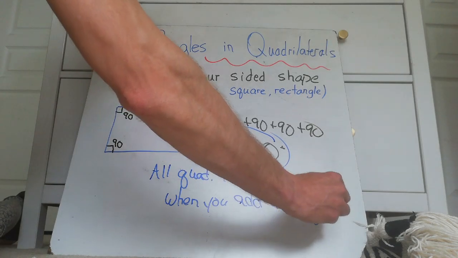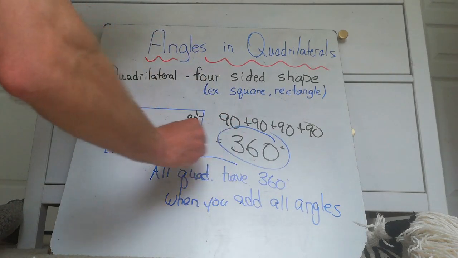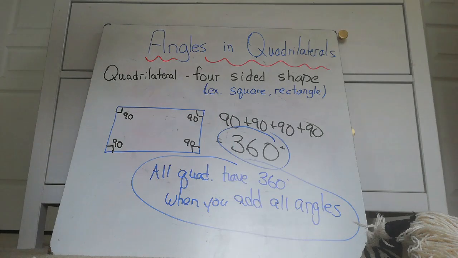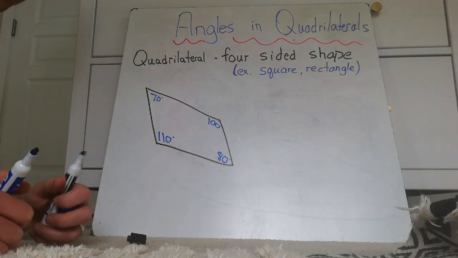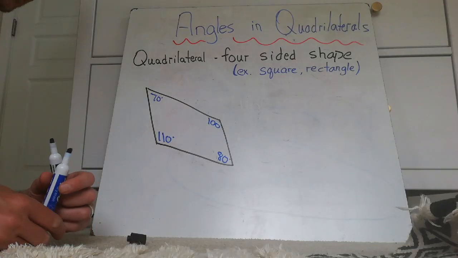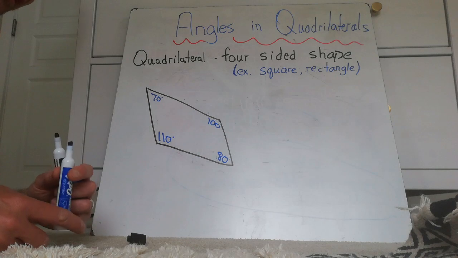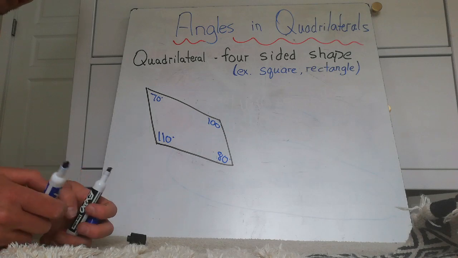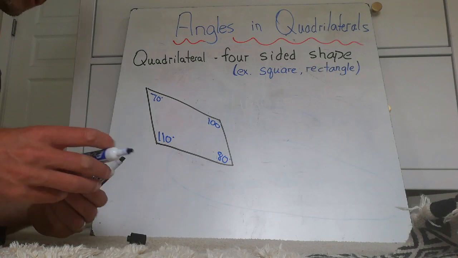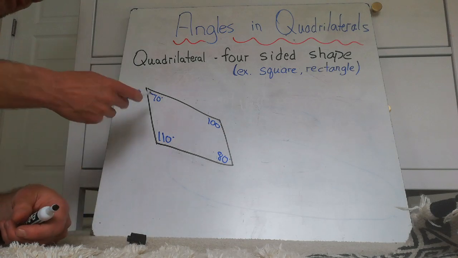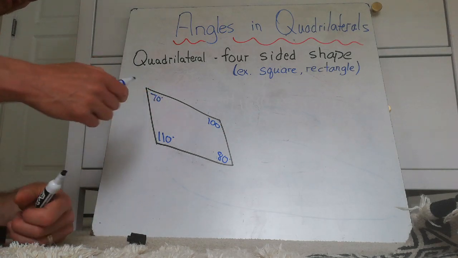So that's the important point for today, and we're going to do a couple of examples together. Here's a different quadrilateral. It's not a rectangle or a square, because all rectangles and squares have four right angles. This one doesn't. It has different angle measurements.